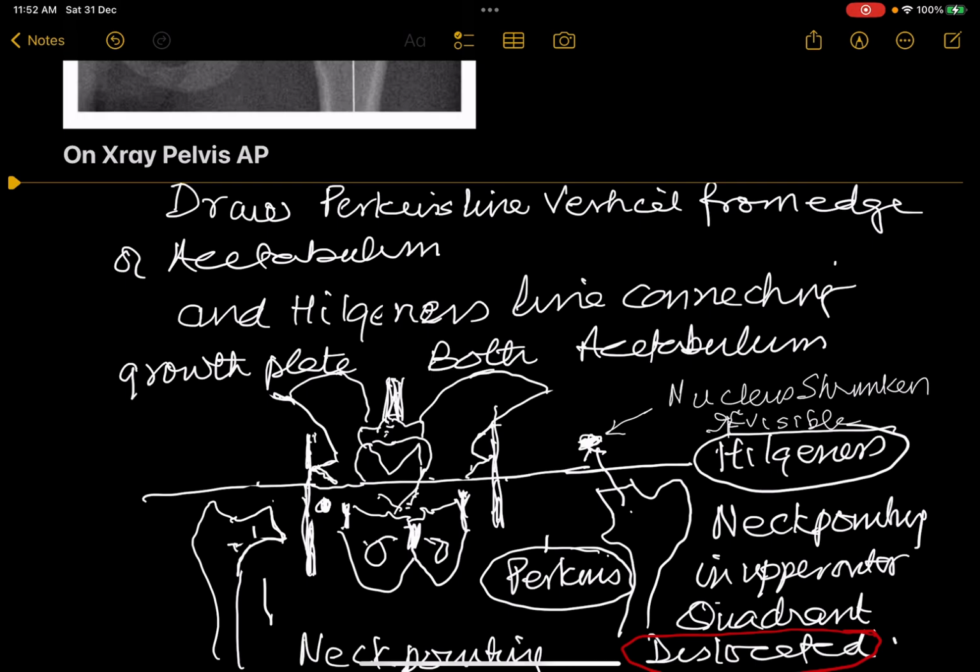Here you see that a cross is formed, and if the neck is pointing towards the outer upper quadrant, it is congenital dislocation of the hip. And of course, the size of this nucleus will also be smaller compared to the size of this nucleus because it is outside the acetabulum. So the Hilgenreiner's line, the Perkins line, and the acetabular angle make you diagnose a congenital dislocation of the hip radiologically.